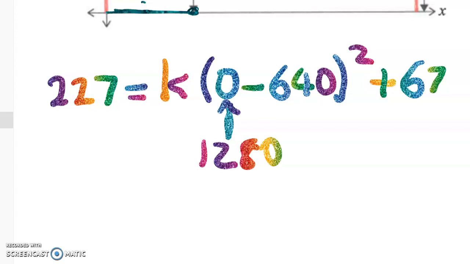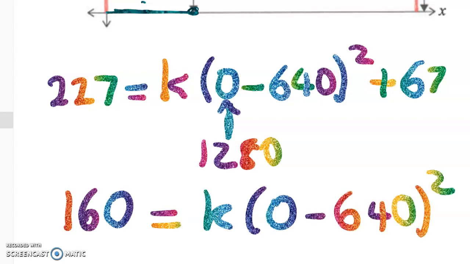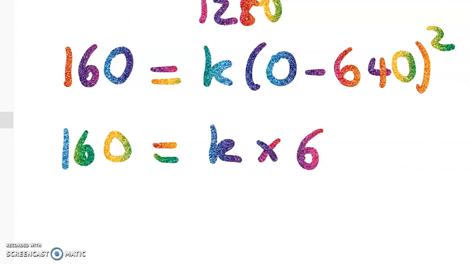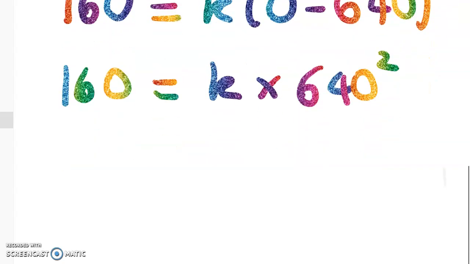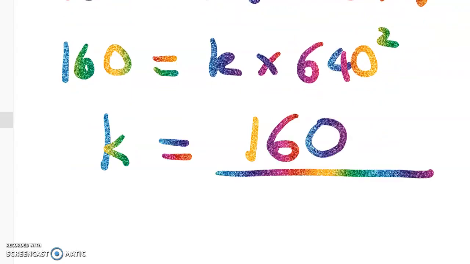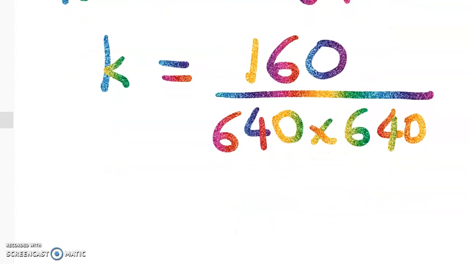Working through this, what do we get? 160 is equal to k times (0 minus 640) squared. So 160 is equal to k times 640 squared. I know you're going to reach for your calculators, just be really careful not to round too hard. So k is equal to 160 over 640 times 640. I'm going to do some very old-fashioned fraction simplification.